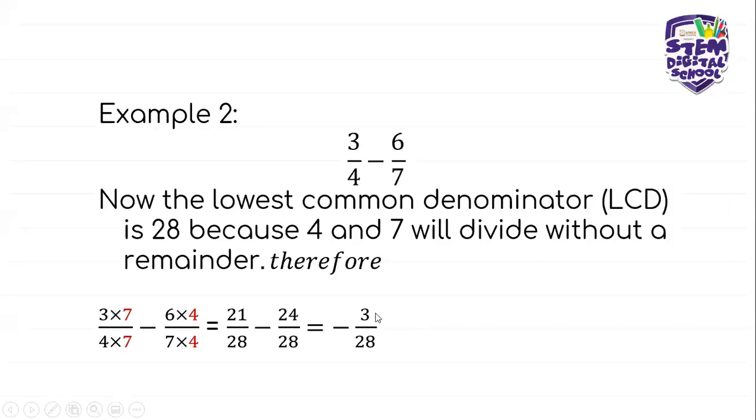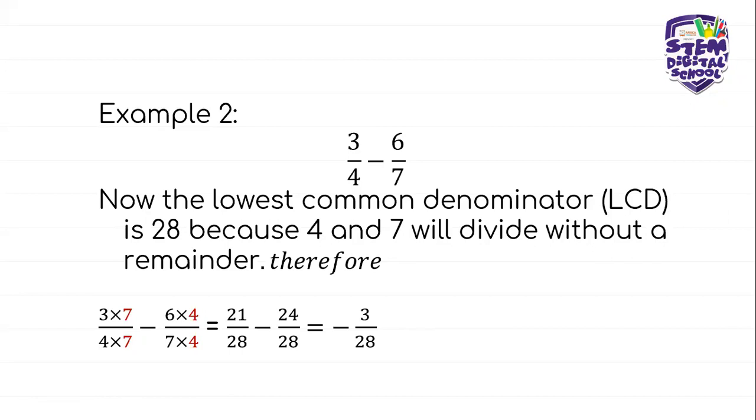Remember, if you subtract a bigger number from a smaller number, you are certainly going to get a negative result, because under normal circumstances, you cannot subtract a bigger number from a smaller number. So hence the negative sign.